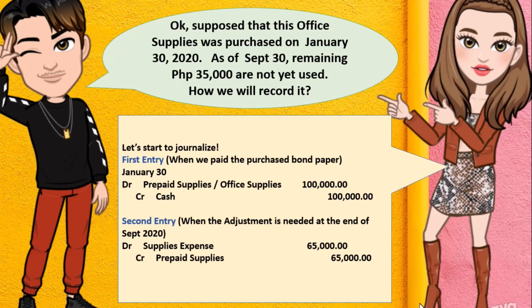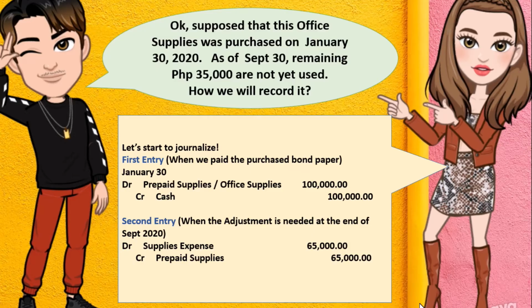Let's start to journalize. First entry, when we pay for the bond paper. It is purchased on January 30, so we debit prepaid supplies or office supplies 100,000 and credit cash 100,000. Second entry will be when the adjustment is needed at the end of September 30, 2020.